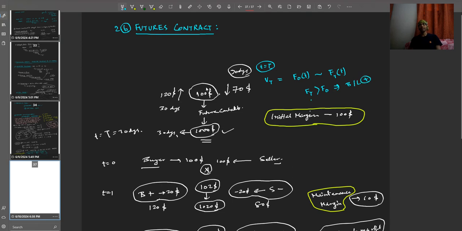If the reverse happens, that is F0 is greater than FT, this implies that the seller or the short gains.